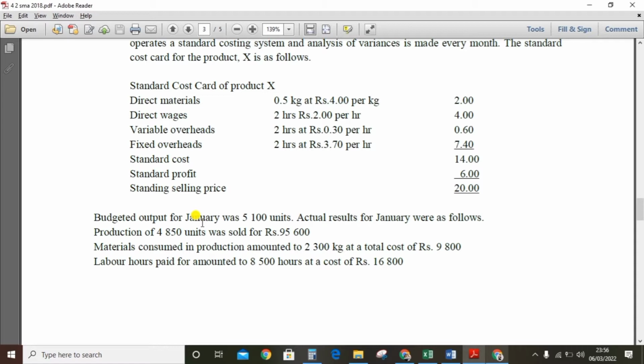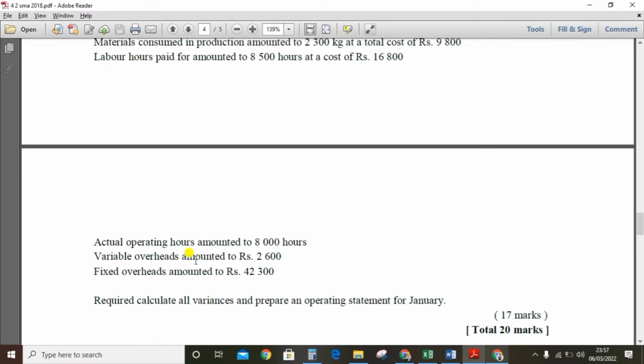Production of 4,850 units was sold for 95,600. Material consumed in production amounted to 2,300 kilograms at the total cost of 9,800. Labor hours paid amounted to 8,500 hours at the cost of 16,800.